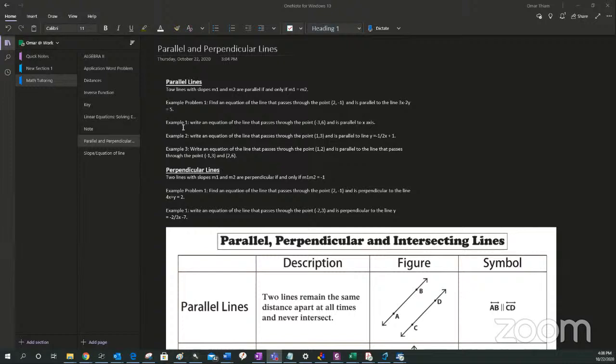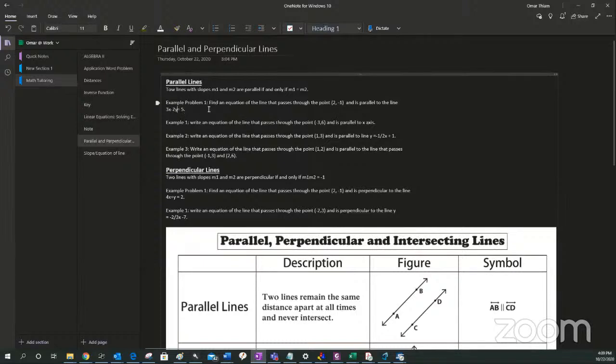So I'll do example problem one, which is to find an equation of the line that passes through the point (2, -1) and is parallel to the line 3x minus 2y equal to 5.